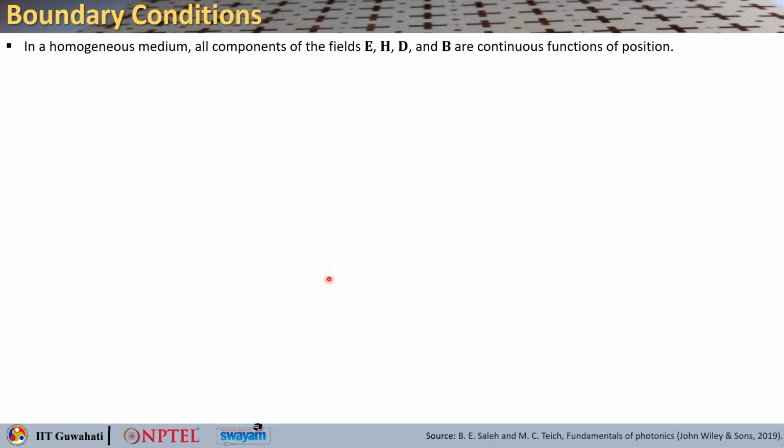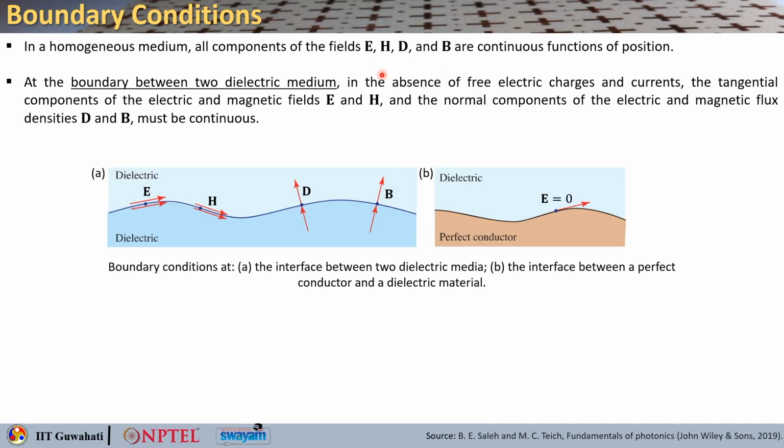So, in the case of a homogeneous medium, we understood that all the components of the fields like E, H, D and B are continuous functions of position. Now, at the boundary between two dielectric media, we have discussed this briefly in the previous lecture as well. Say you have medium 1 and medium 2, and we are considering the absence of any free charges or current.